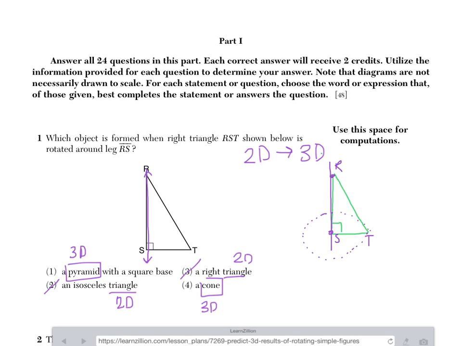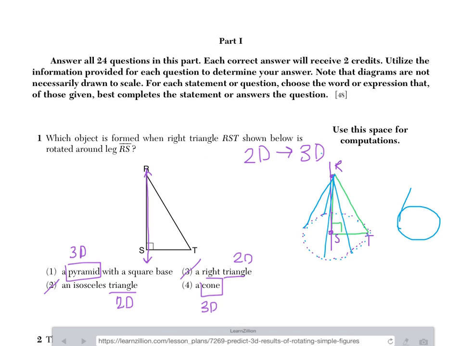So when I do that, T gets moved to all of these different places around the circle at each point or each degree of the revolution. When I do that, RT is actually becoming a bunch of new segments. So RT now is out here, it's out here, it's out here, where this base is a circle.